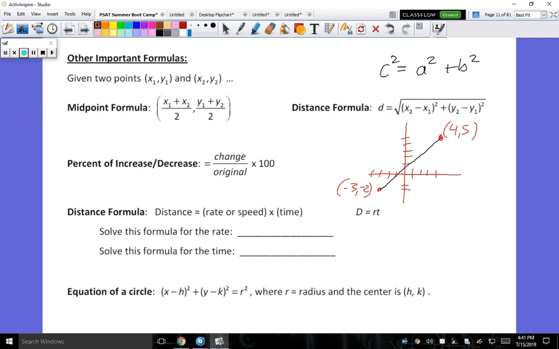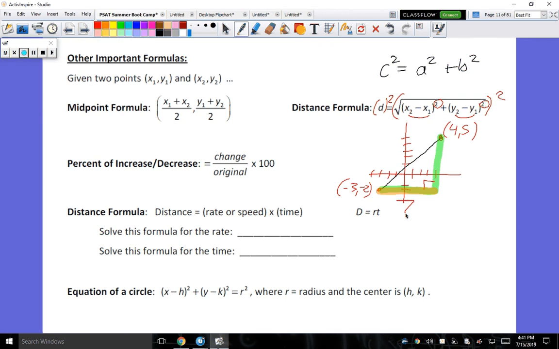If I square both sides, the square root goes away, and I'm left with a squared plus b squared. So I can create a triangle by going straight down and straight to the left that is a right triangle. Can someone tell me what the length of this x is? 7.